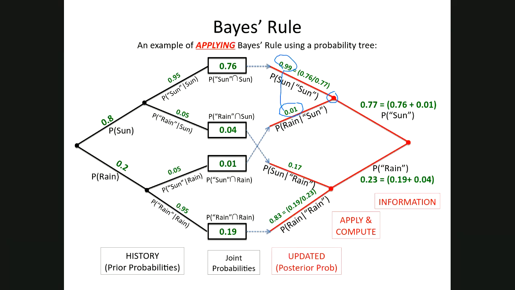And similarly, this is the answer to part C, which is the probability that it'll rain given that there's a forecast of rain, and that's 83%. And once again, this is the probability that there was going to be rain with no information.